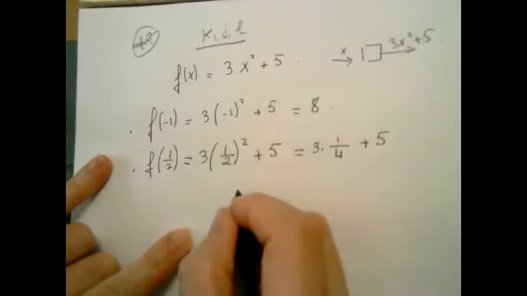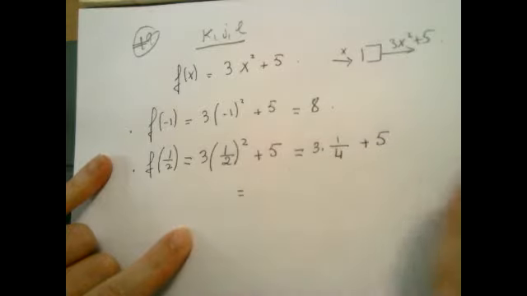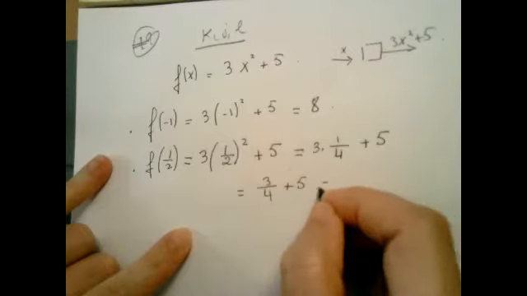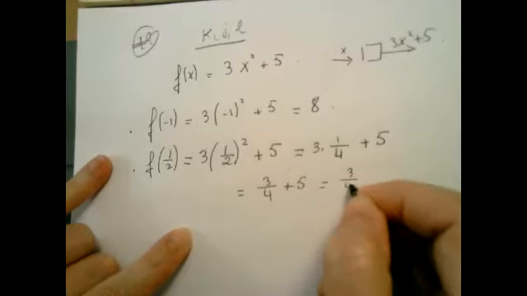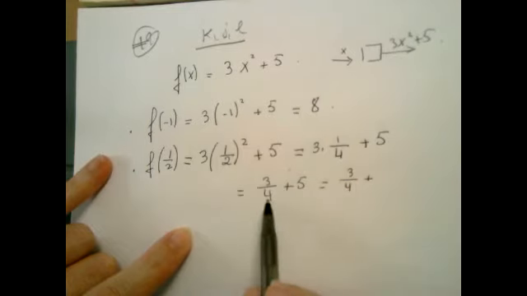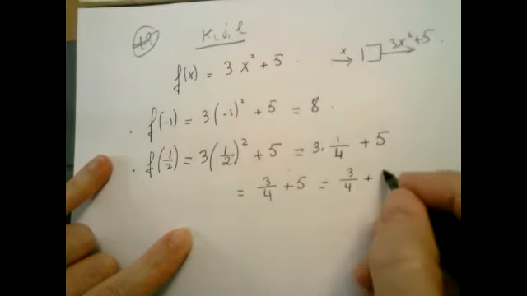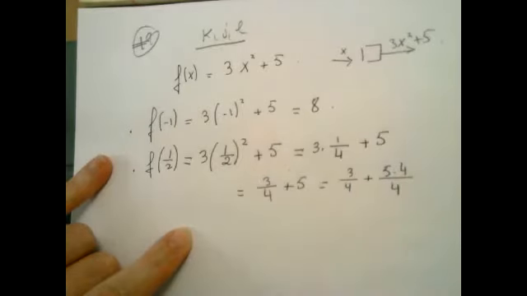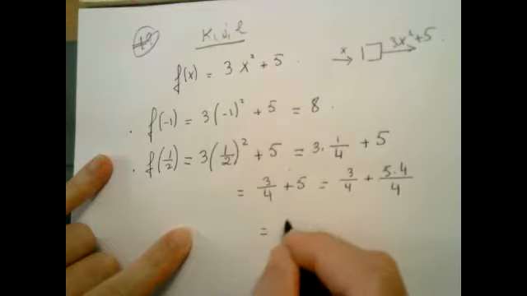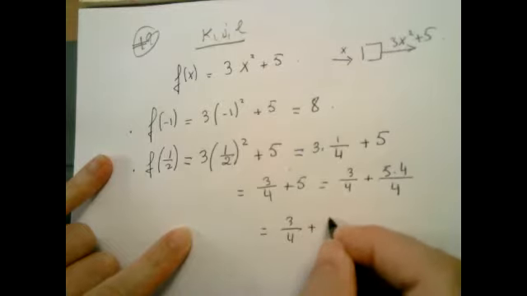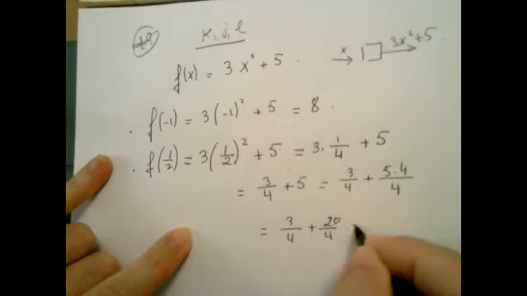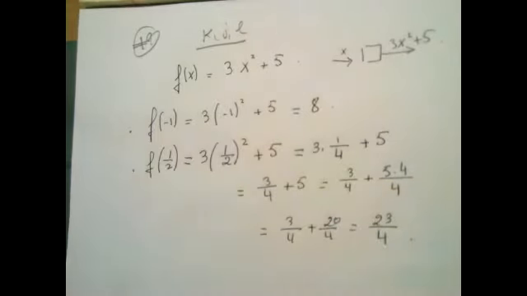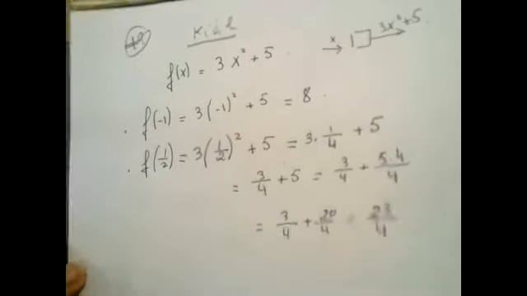So 3/4 plus 5. Now we find a common denominator. So for the 5, the common denominator is 4, so I multiply and divide by 4. This gives me 3/4 plus 20/4, which gives me 23/4. So there is a little bit of algebra that we have to do in those problems.